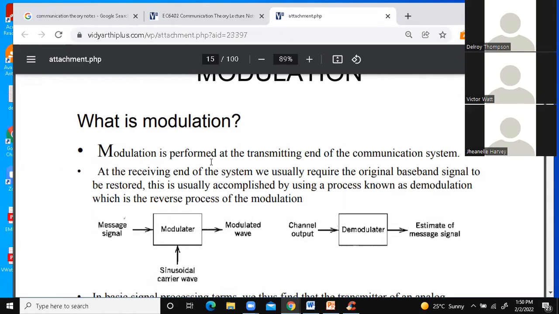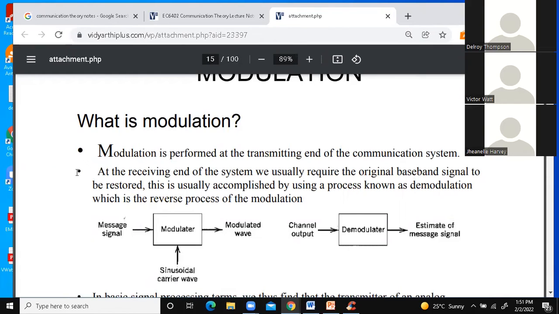And when it reaches the speaker, you have to get that information and reconvert it to what you can listen to, the music.